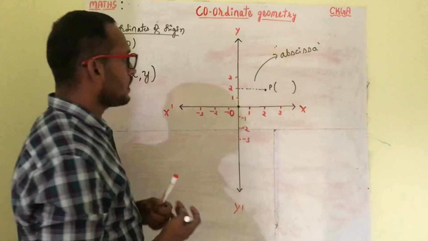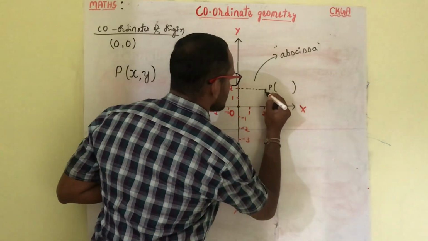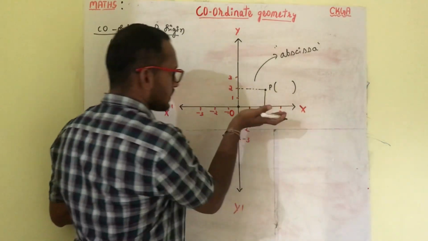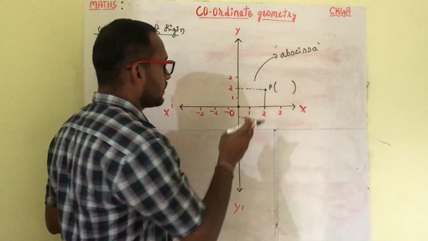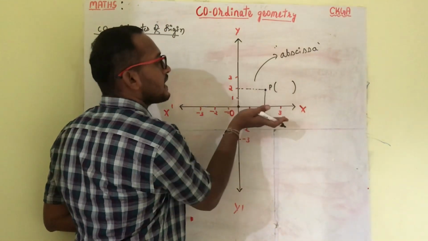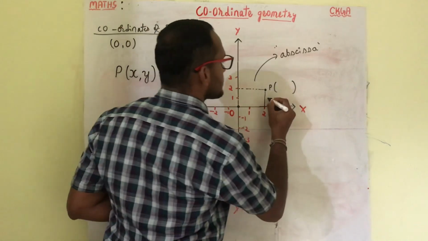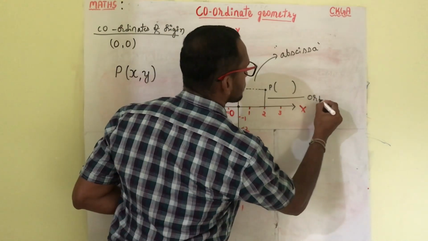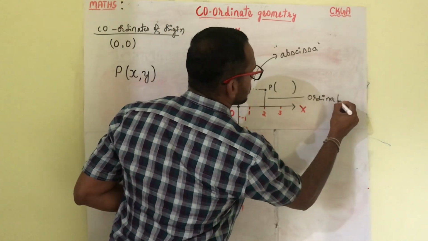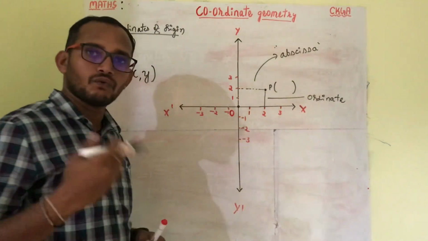And the perpendicular distance from the x-axis to the given point is considered the ordinate, or another name for ordinate is the y coordinate.